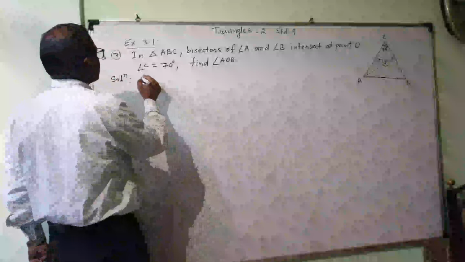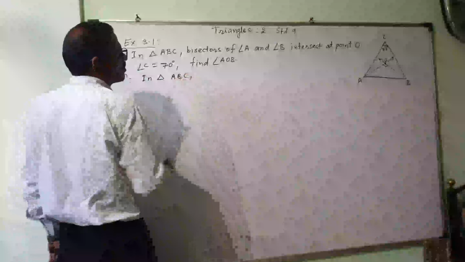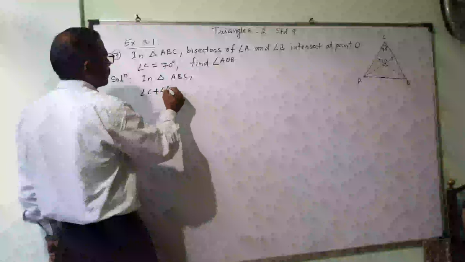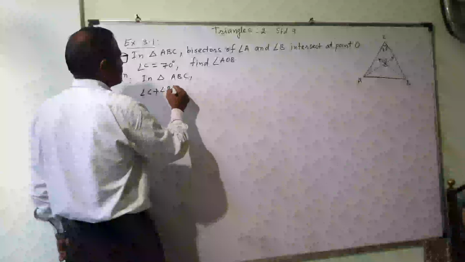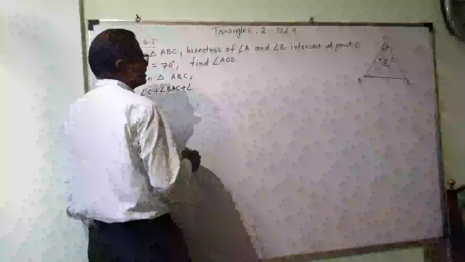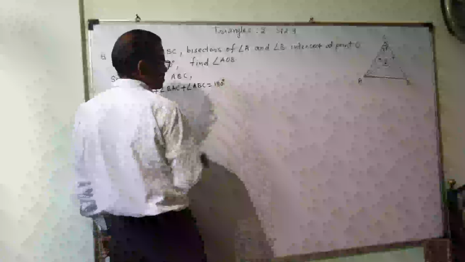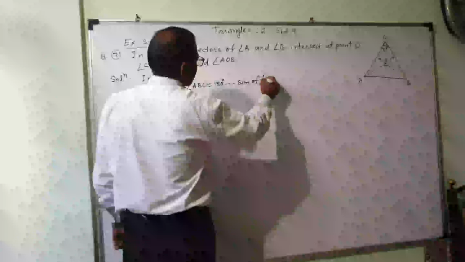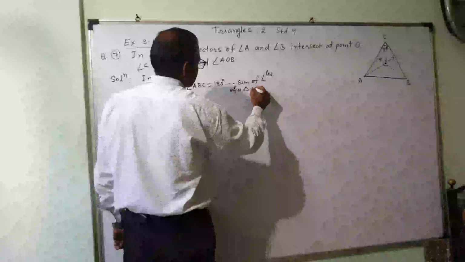In triangle ABC, angle C plus angle A, I will say BAC, plus angle B, I will call ABC, is equal to 180 degrees. Why? Sum of angles of a triangle is 180 degrees.